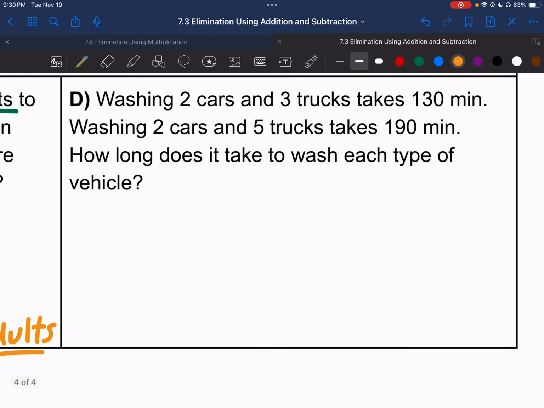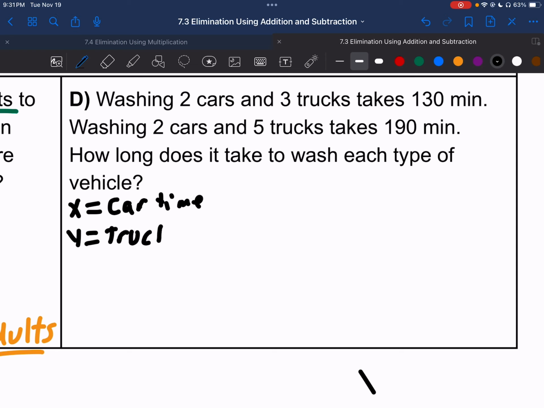All right, letter D. We have washing 2 cars and 3 trucks takes 130 minutes. Washing 2 cars and 5 trucks takes 190 minutes. How long does it take to wash each type of vehicle? So, step number 1, define variables. Our x variable is going to be time for cars, car time, and our y variable is going to be truck time.